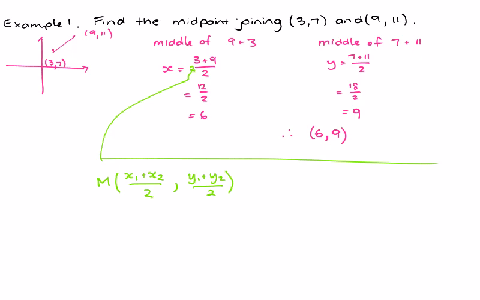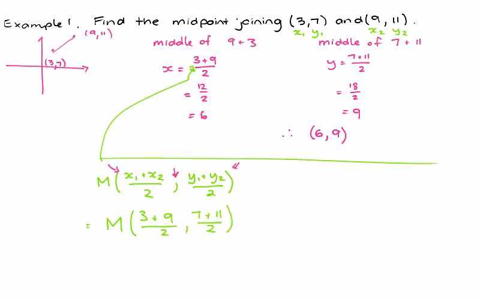Now, interestingly, you still have brackets here and you still have a comma. So if this 3 is x1, 7 is y1, then the 9 has to be x2 and the 11 y2. So we substitute in 3 plus 9 divided by 2, 7 plus 11 divided by 2.